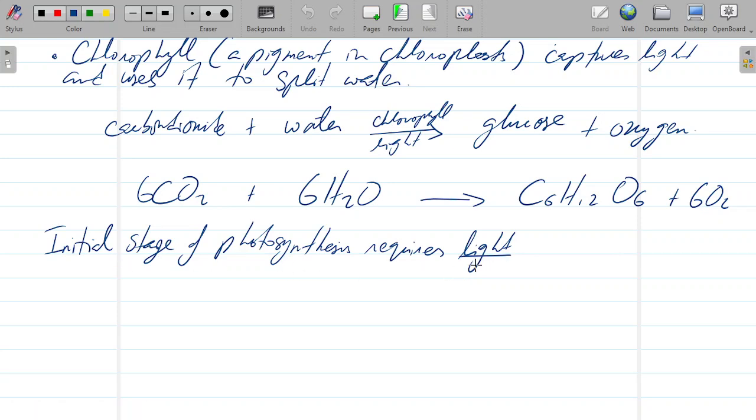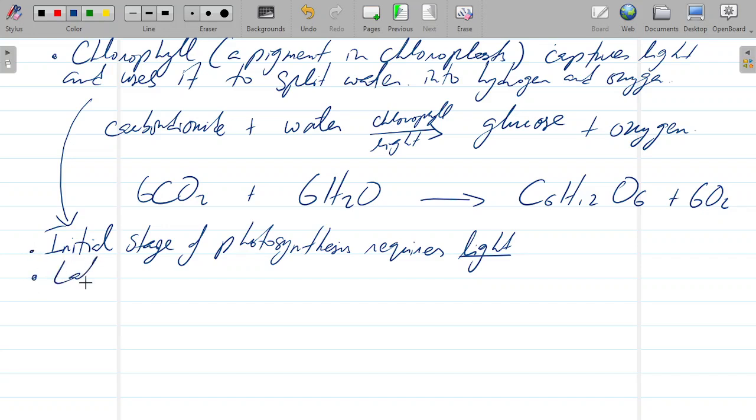So the initial stage of photosynthesis requires light, and that's what's happening over here, right? That the light energy is used to split water, right, into hydrogen and oxygen, right?